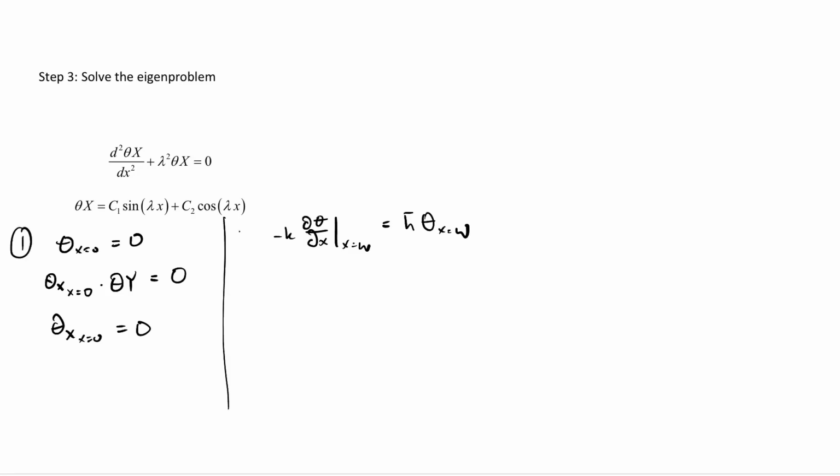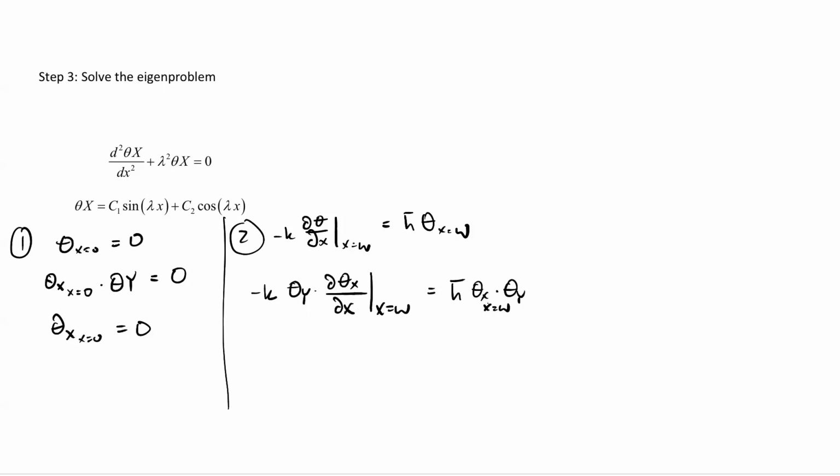This is 1. For 2, we have to restate this on that same assumption. It's an equally simple thing to do, but we say minus k. So we have now theta x times theta y. Theta y is a constant, so it becomes theta y times the partial of theta x with respect to x at x equals w is equal to h bar times theta x times theta y at x equals w.